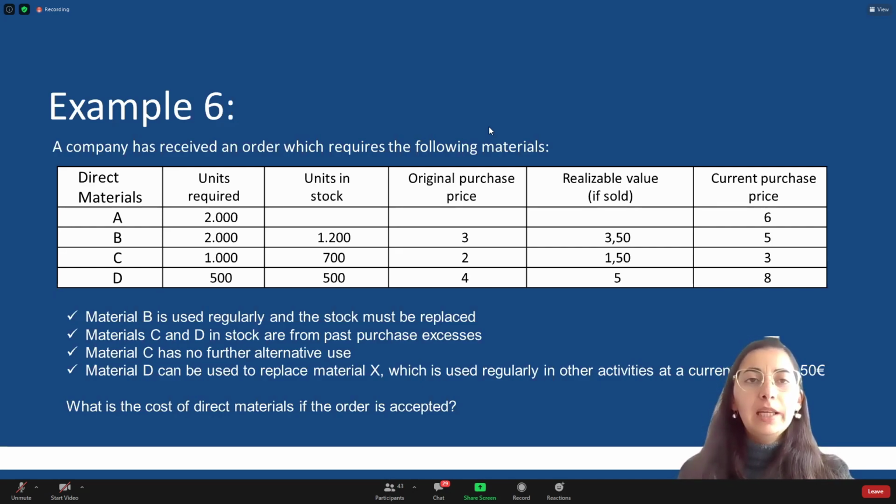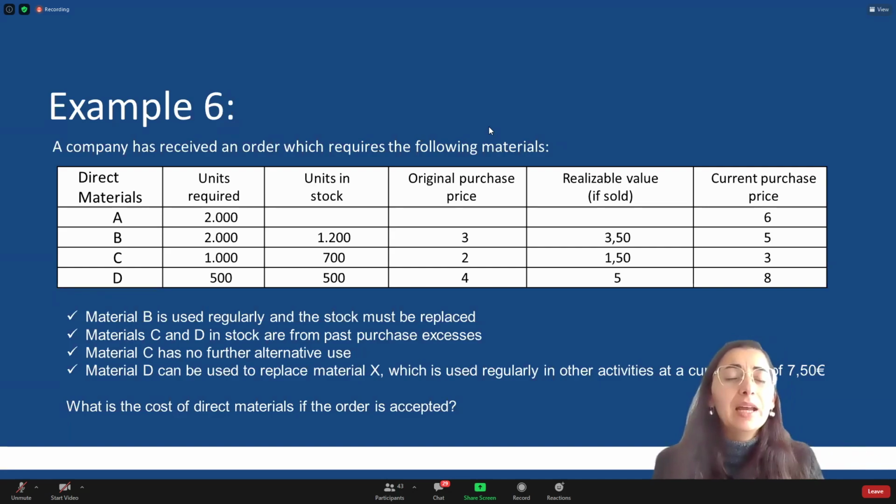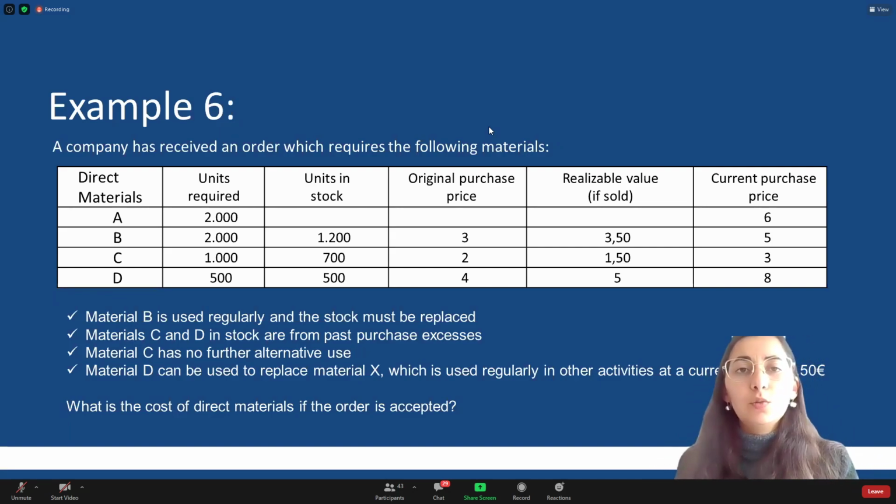For material B, I need 2,000, but I have 1,200 in stock. So if I need 2,000, I have to purchase the 800. So I will purchase the 800 at €5 per unit. And I have 1,200. So let me understand why I have this 1,200 in stock, and if they are being used.